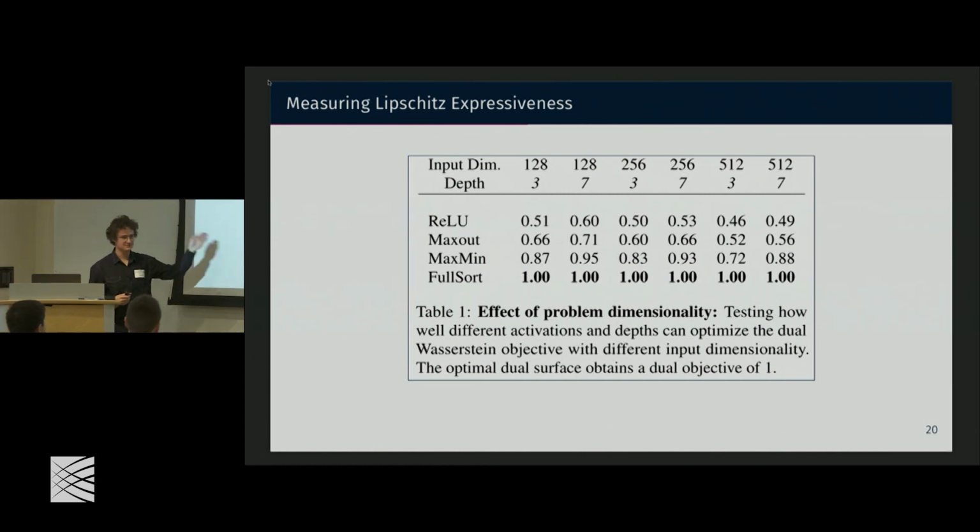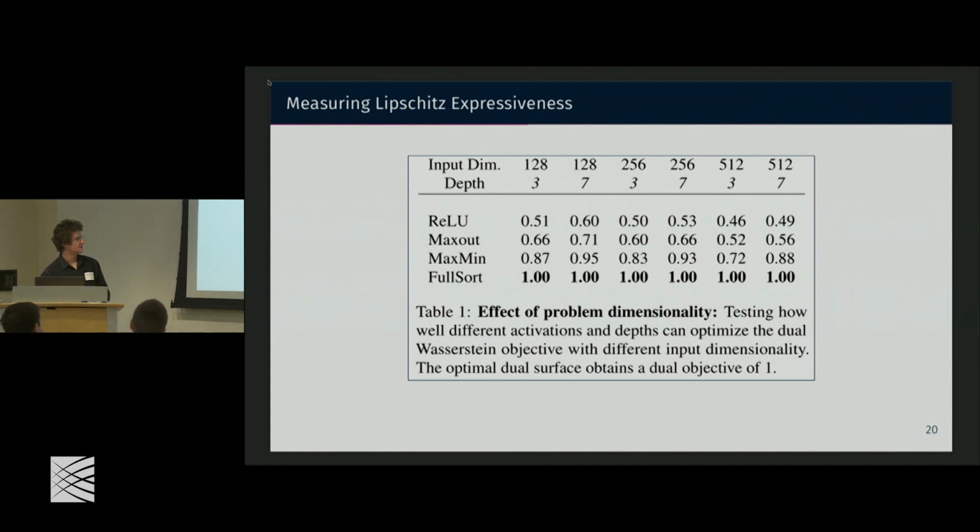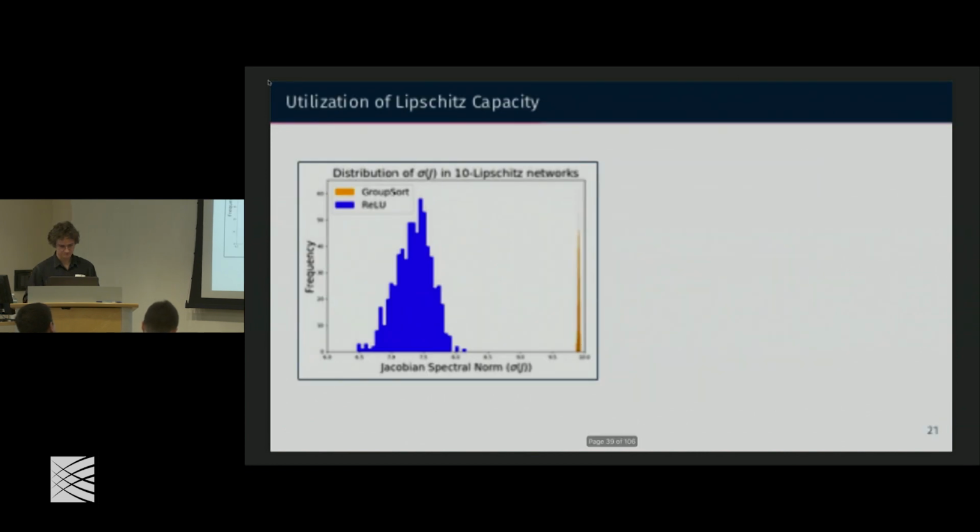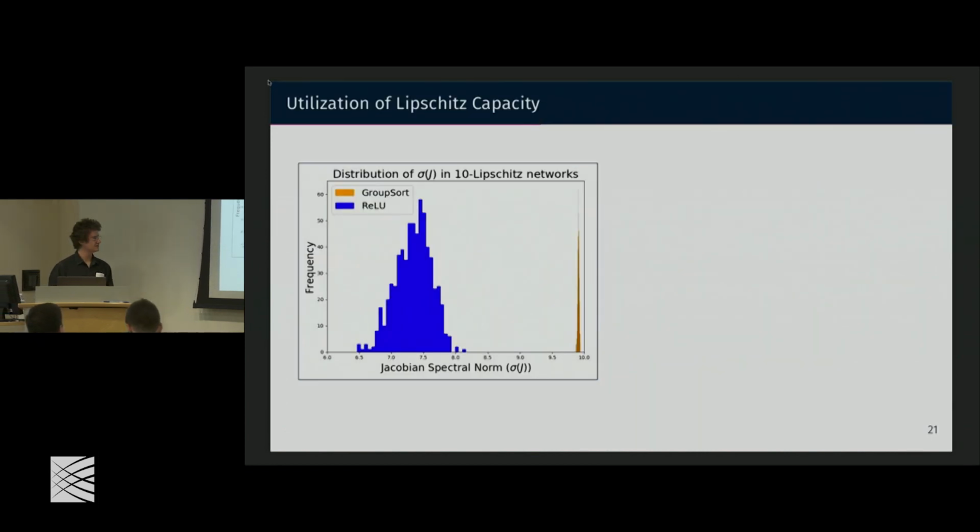It gets perfect performance for all dimensionalities. And overall, we see that norm-preserving activation functions give us significantly closer, tighter lower bounds of the Wasserstein distance. So they're more expressive. This is another figure that I really like.